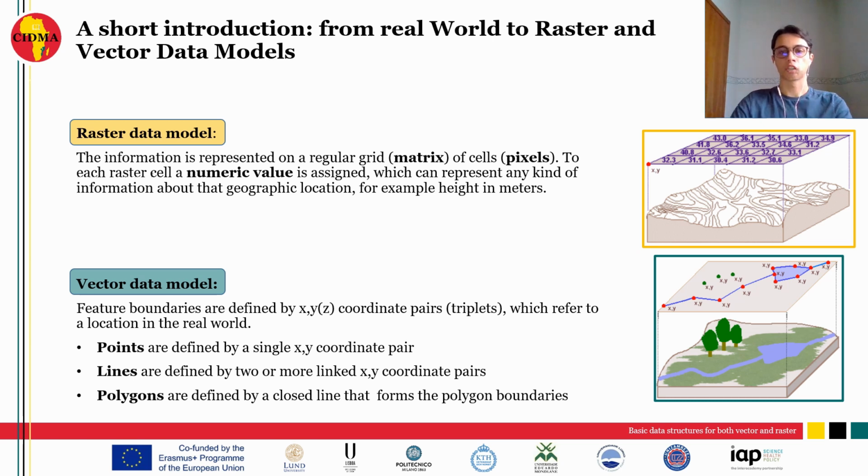In the second picture on the right, you can see how the vector model can be employed to represent discrete geographic elements. For example, a river can be modeled as a line, a lake can be modeled as a polygon, and trees may be represented through points.